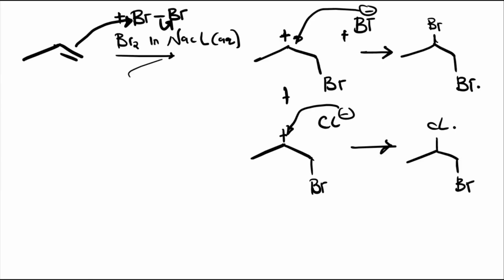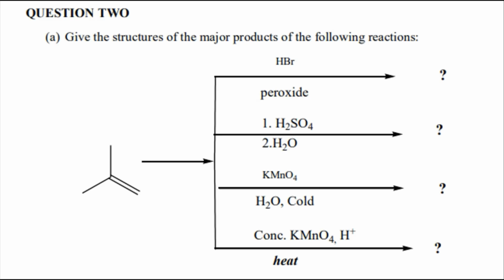All right, so that was question C. Let's look at question 2. Question 2 says, give the structures of the major products of the following reactions. So when you react an alkene with these conditions, what are you going to get?